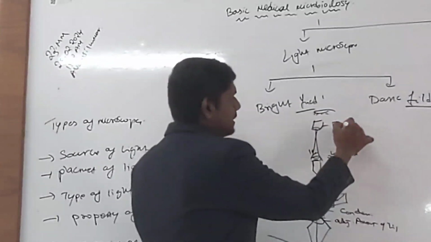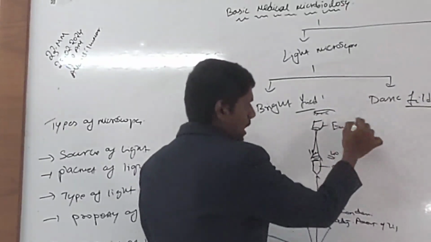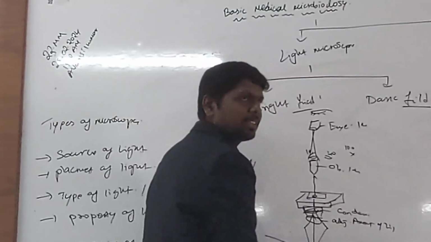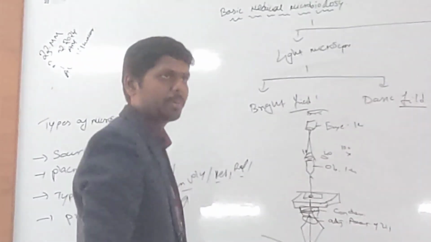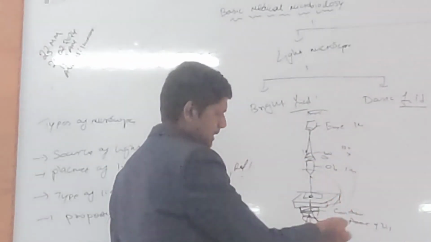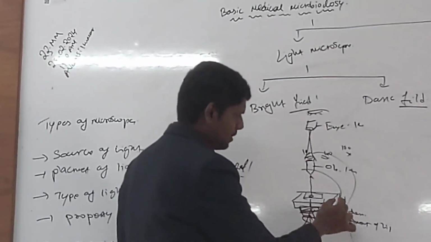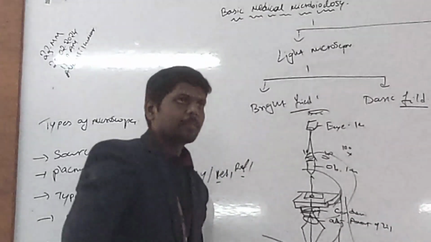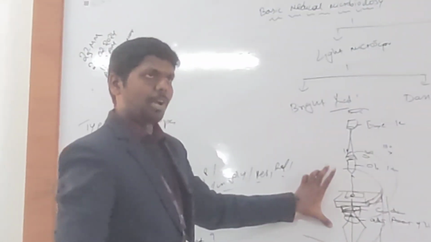This is the eyepiece, then the objective lens, then the condenser. These are the basic parts of the microscope, and they are connected like this. Now you understood the lens positions.